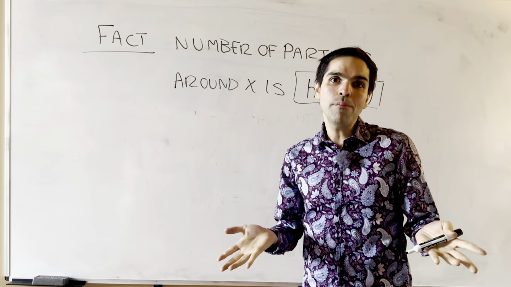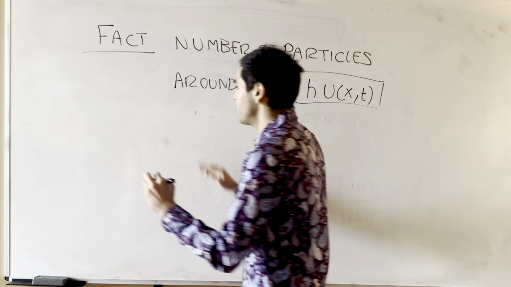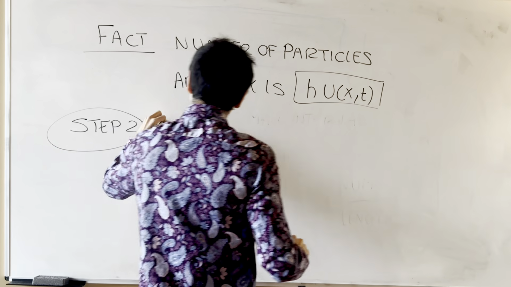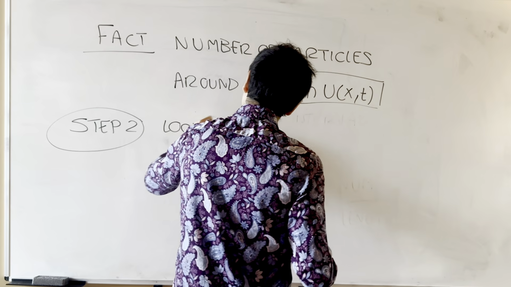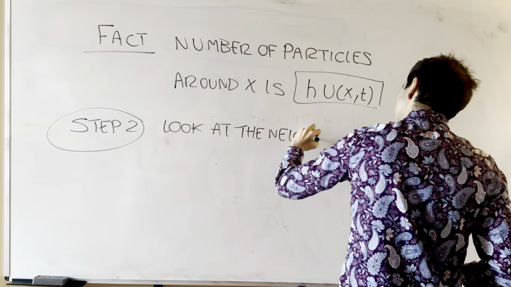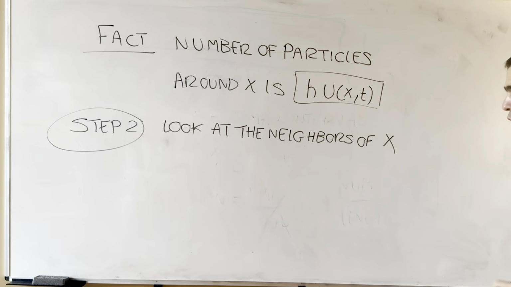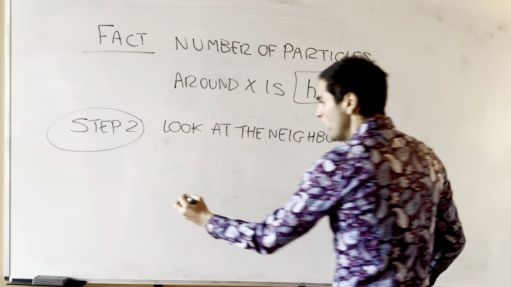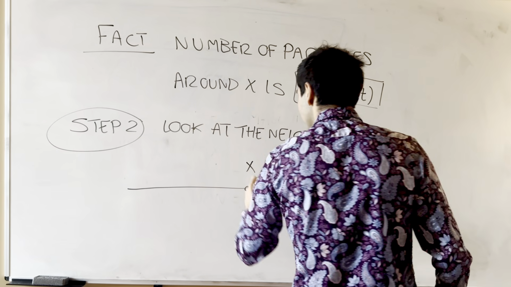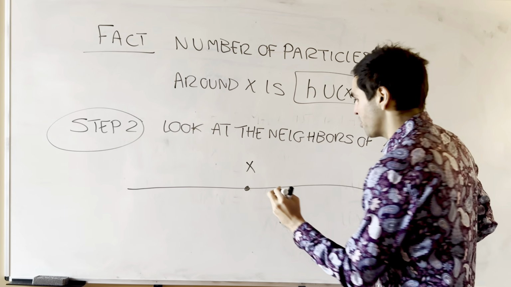Because remember that the particles, they bounce around. So step 2 is really look at the neighbors of x. And really what we want to do now, we want to take the rod, and maybe this is x, and we want to divide it up into those small intervals, right?